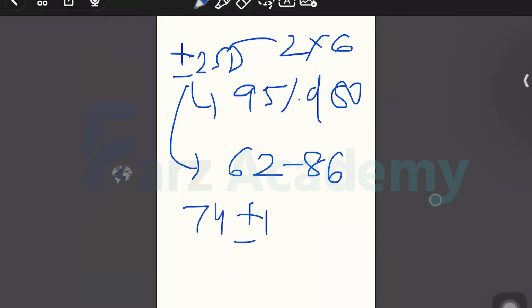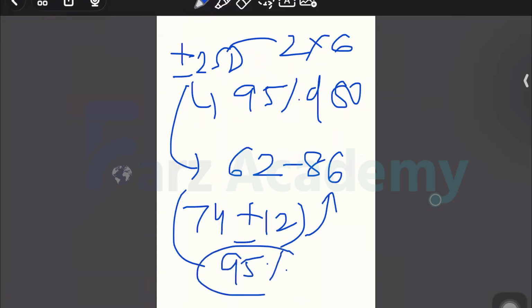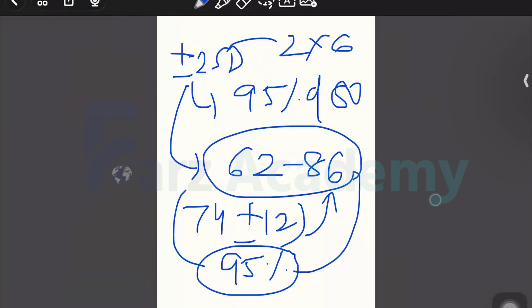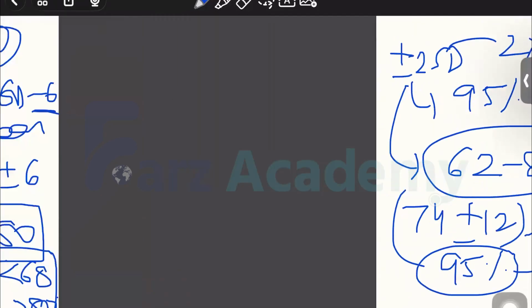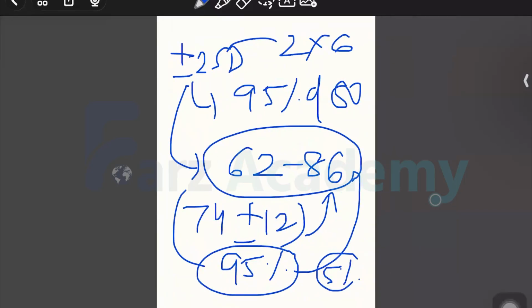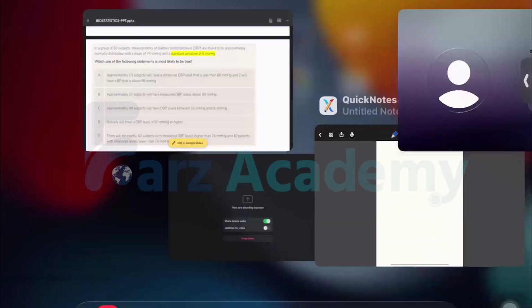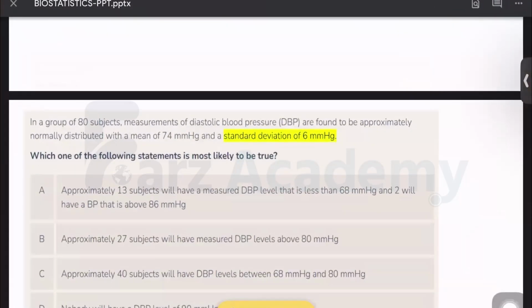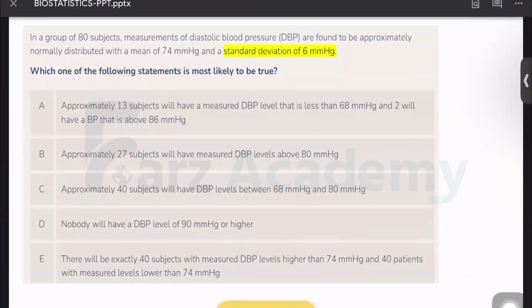So 74 plus minus 12 will give you 62 to 86. That means 95% of my population is going to have diastolic blood pressures in this range. Similar to the last slide, what I did here. Here, the rest 5% are going to have how much? 2.5 will have less than 62 and 2.5 will have more than 86. Is it clear now?